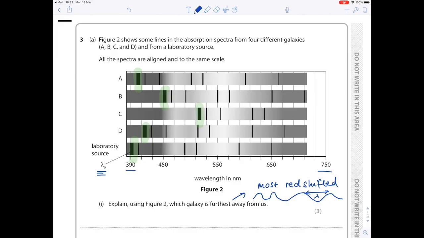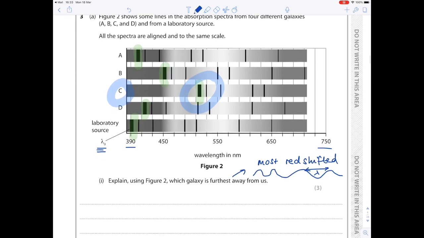So which one is the most redshifted? And the longest wavelength you'll find towards the right hand side. It's the furthest right of these lines, which is why, I hope you can see this, this is the answer, C, because it has been the most redshifted, and we're going to write about that now.